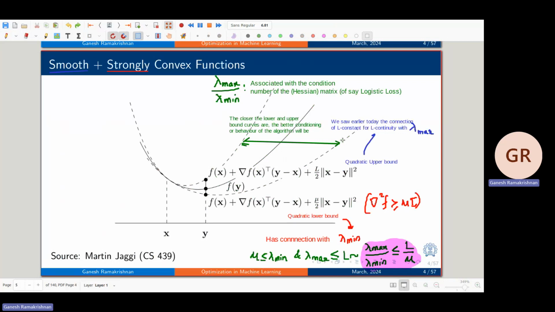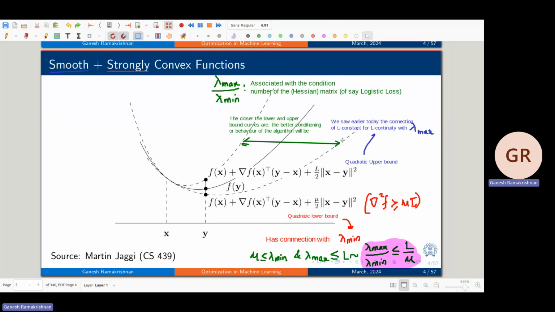So here you see the lambda max by lambda min. And we can show that the lambda max by lambda min of the Hessian is upper bounded by L by mu. L is associated with the upper bound, Lipschitz smoothness. Mu is associated with the lower bound, strong convexity.